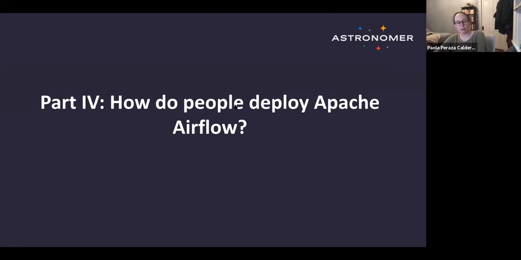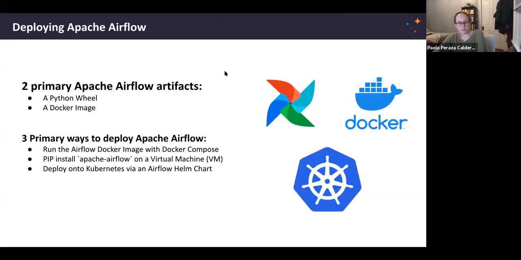So part 4, how do people deploy Apache Airflow? There are typically a few ways you can do it. From the Apache project, two Airflow artifacts are generated, a Python wheel and a Docker image. With that Python wheel and/or Docker image, you can deploy Airflow in a few different ways. One, you can run the Airflow Docker image with Docker Compose.